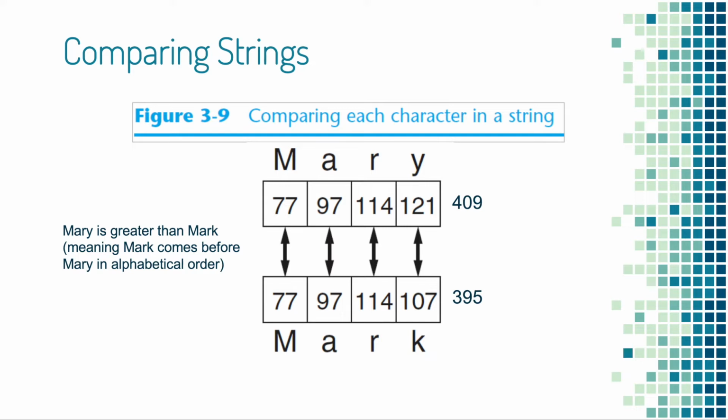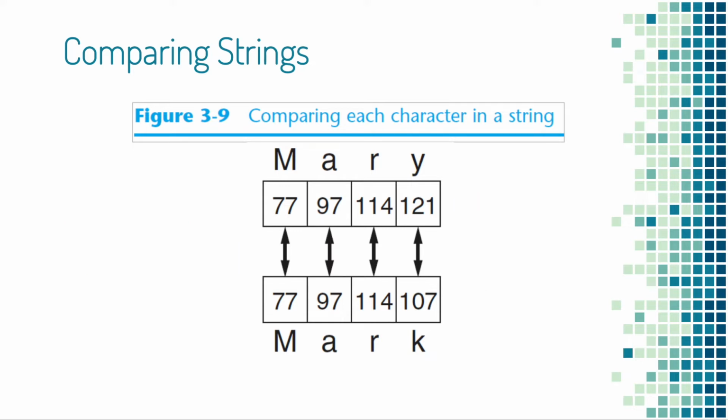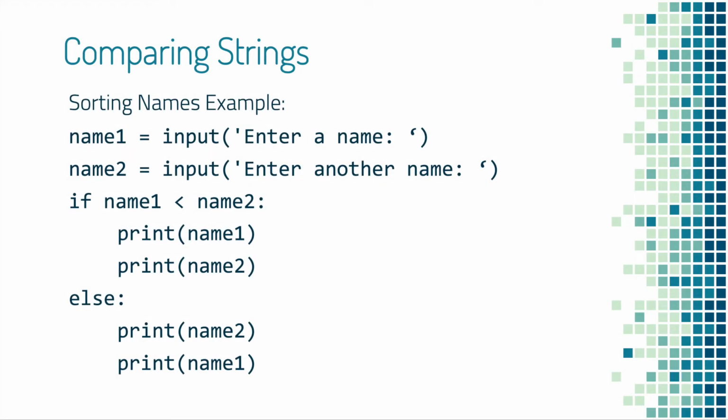Now note here that the uppercase letter, the capital M, has a lower value than a lowercase a. So when we sort strings using this approach, if you have an all-capital version, capital M-A-R-Y, it will come before lowercase m-a-r-y.